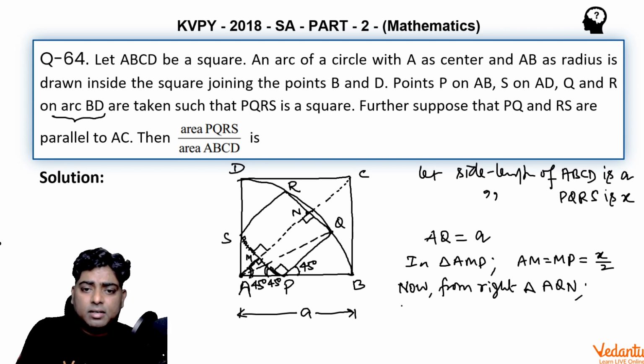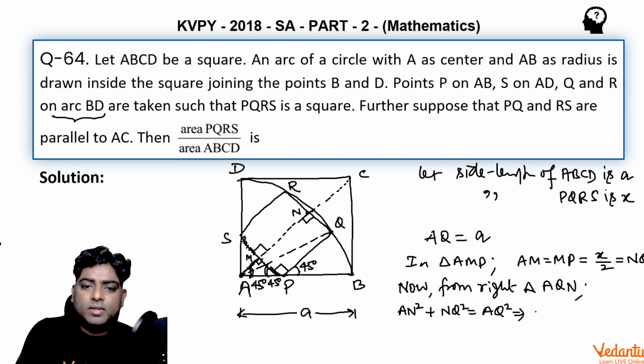So NQ is also x by 2. AN square plus NQ square is equal to AQ square.